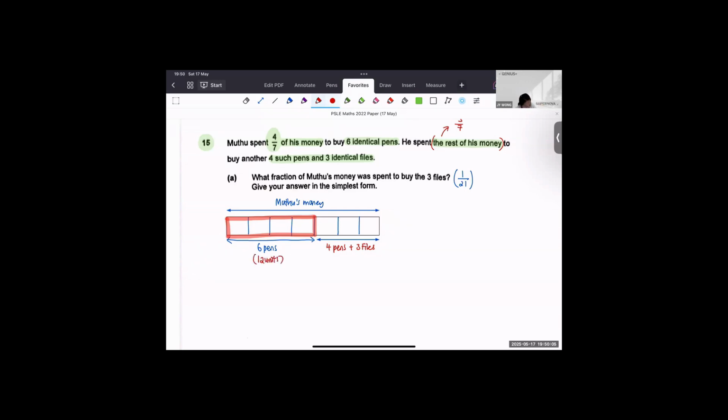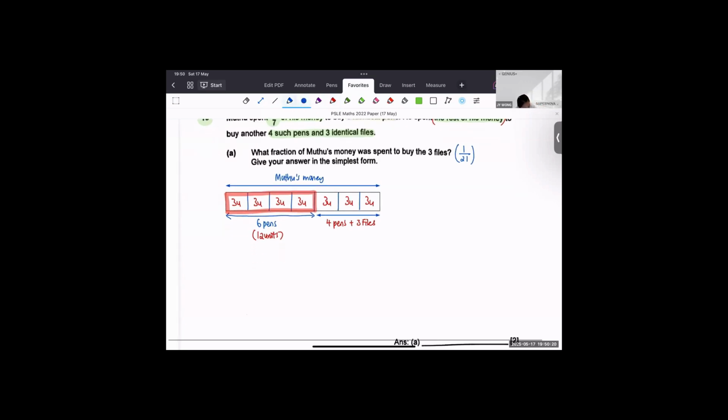So how to make it 12 units? Each of these will be 3U, 3U, 3U, 3U. I'm going to make it all equal units. I'm not going to cut it. I'm just going to write it down so that you won't get lost by counting. Some of you will count wrongly. So now I have a new relationship here. What's the new relationship? 6 pens is the same as 12 units.